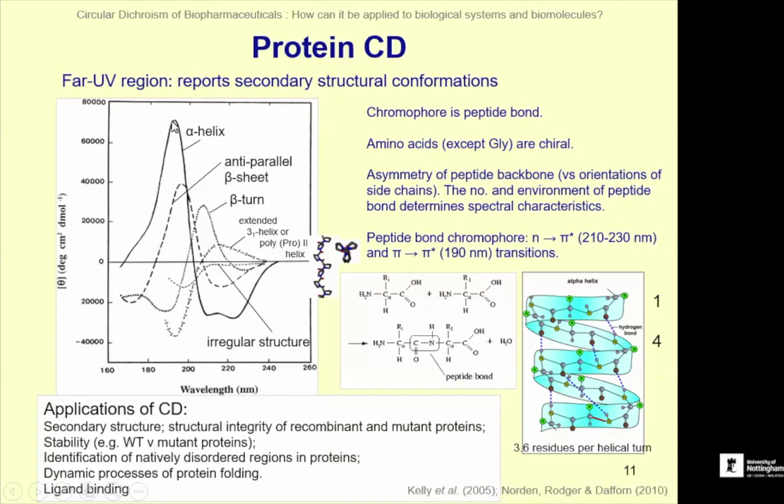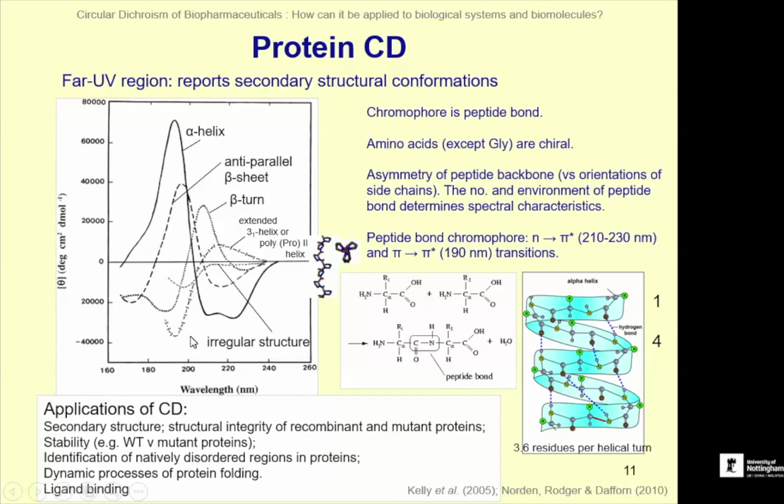So you can differentiate alpha helix from beta turn, from beta sheet, and these unusual 3-1 helix or polyproline, where you have lots and lots of prolines, which form a rather unique helical structure because proline in a peptide introduces very significant twists in a protein. So if you've got multiple prolines, you get a unique spectrum shown here.